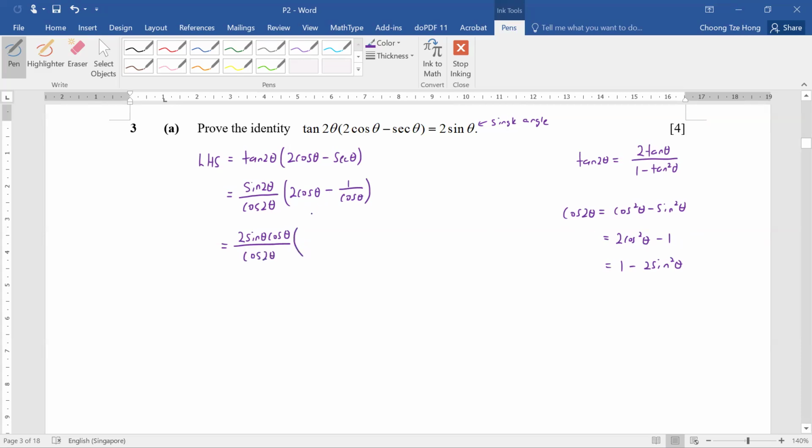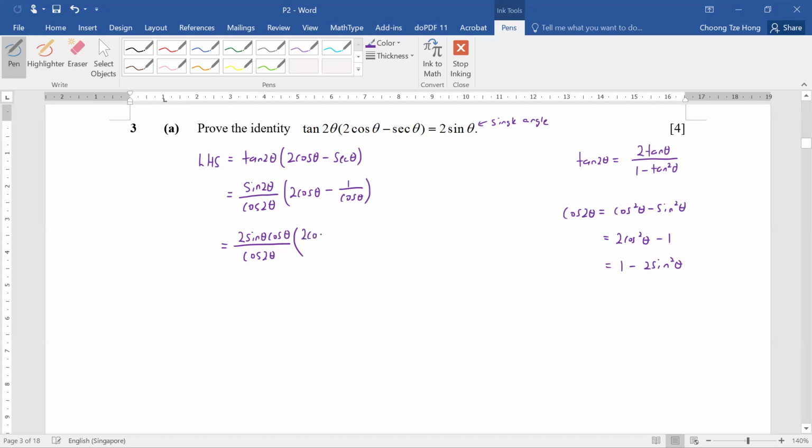If you look inside the bracket, ask yourself this question: what else is there to be done with 2 cosine theta minus 1 over cosine theta? When you have two terms, one thing to do is combine them together as a single fraction. The denominator on the second term is cosine theta, so we want to introduce the same denominator to combine them.